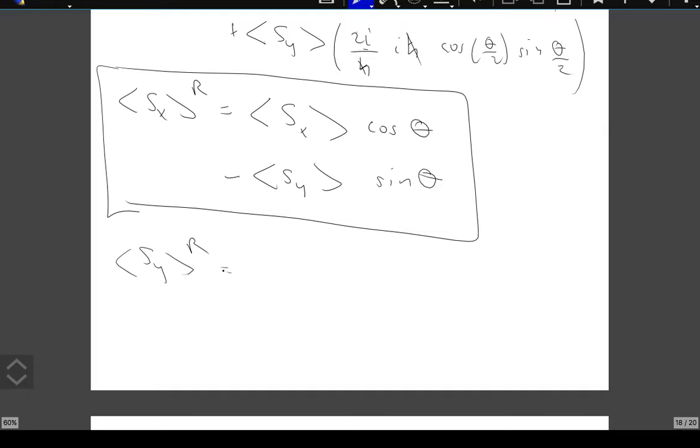You would just get Sx times sine theta plus Sy times cosine theta. But this is nothing but what happens to the x and y components of a vector in three-dimensional space if you rotate it around the z-axis by an angle theta. So at least we know that everything seems to give us a consistent picture.